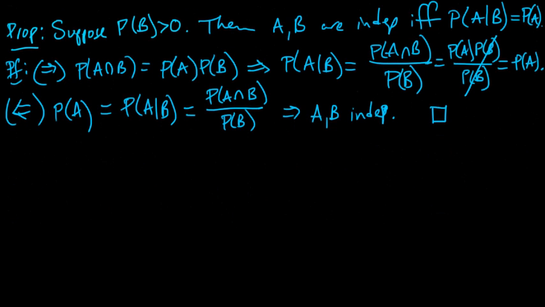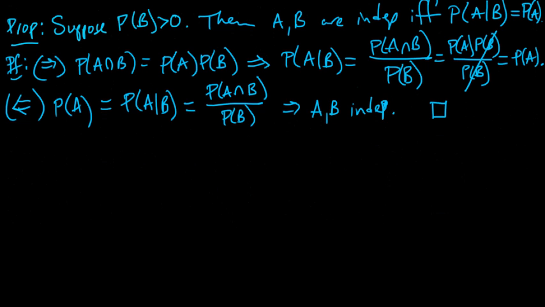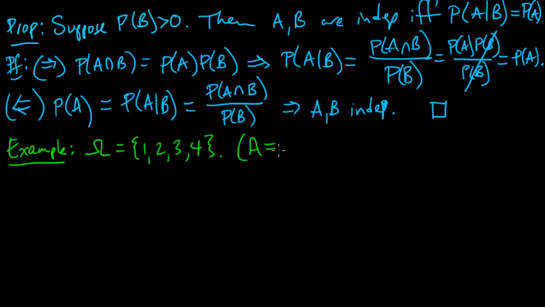So let me give you another little proposition here. Actually, let me give you an example. This is a nice example to illustrate these concepts. So let's take omega, our sample space, to be just the numbers from 1 to 4. Just a nice little space. And in this case we'll say that our sigma algebra is just the power set.